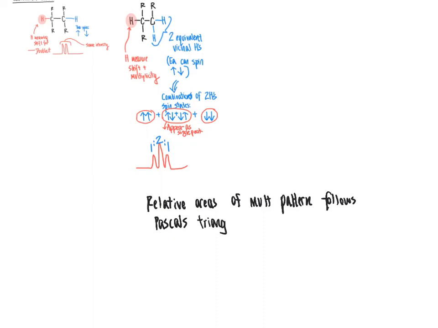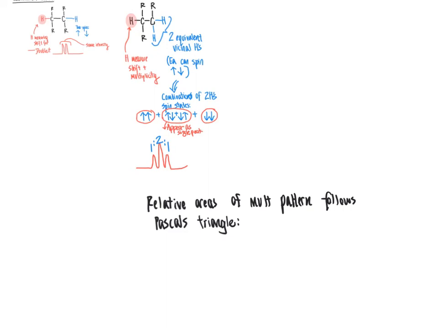And the reason it follows Pascal's triangle is because Pascal's triangle is going to represent when we have two different scenarios for each and every proton, meaning that they could be up or down in terms of their arrow orientation here, representing their spin states. As we increase the number of vicinal hydrogens, we're going to increase the number of possible arrows and the number of possible arrows that are redundant and not redundant.